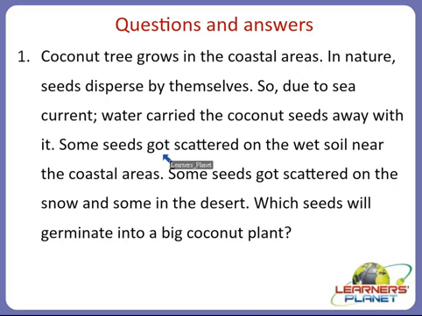Some seeds got scattered on the wet soil near the coastal areas, some seeds got scattered on the snow, and some in the desert. So here you can see three conditions, right?